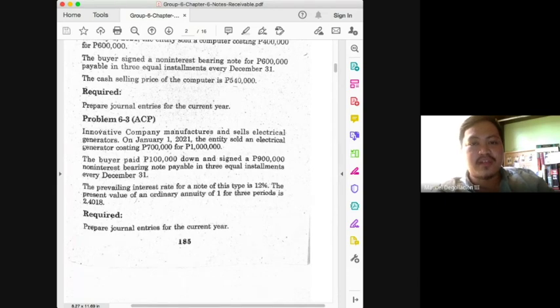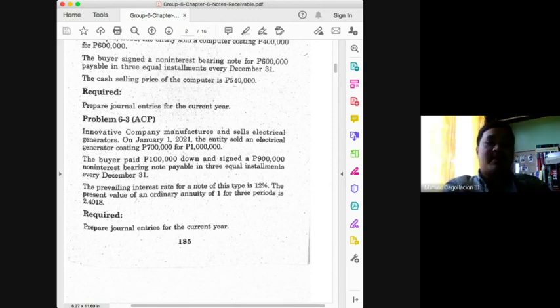Why? Because the interest that could be earned will be added to the face value. But here, if we're dealing with non-interest bearing, the total amount that we will receive will be the face value. And since we do not accept the term non-interest bearing in accounting, we do not believe that money can be given for free. So to remedy that, we presume that the face value will include an interest component.